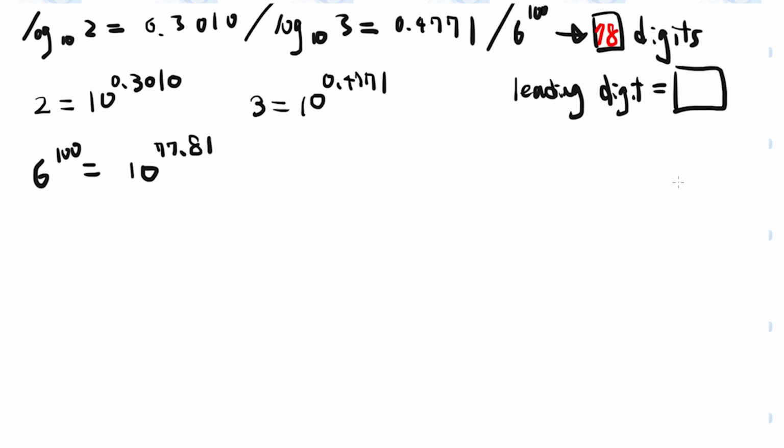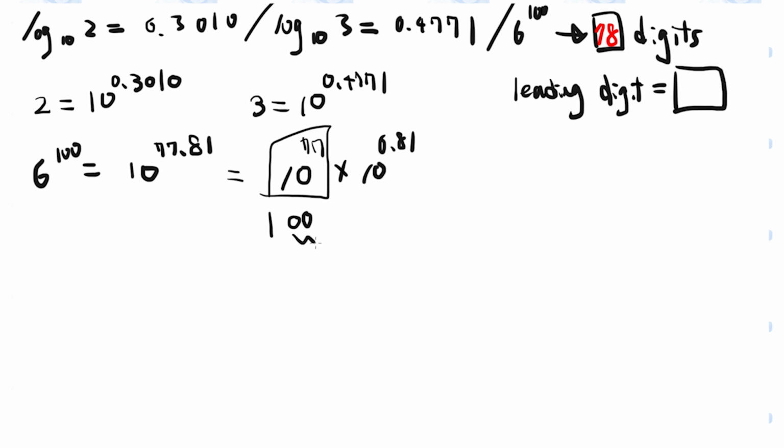Next, let's find the leading digit of this number. First of all, 10 to the power of 77.81 can be expressed as 10 to the power of 77 times 10 to the power of 0.81. This part is simply 1 with 77 zeros.